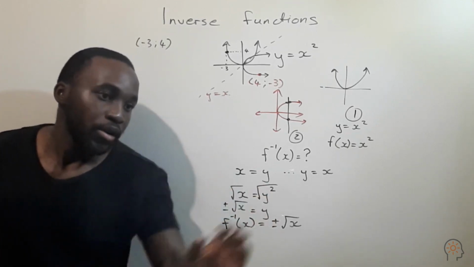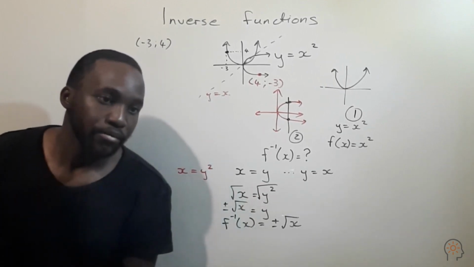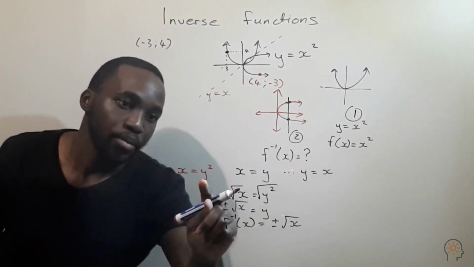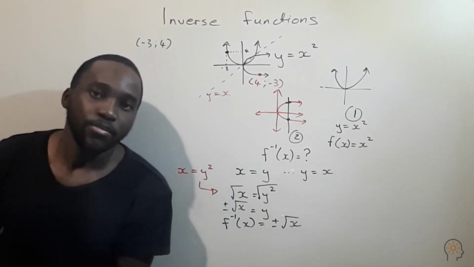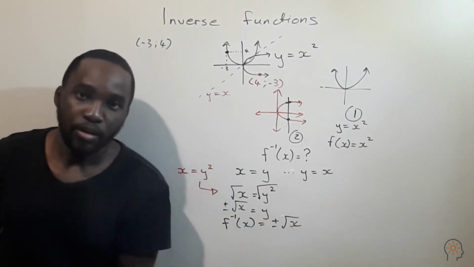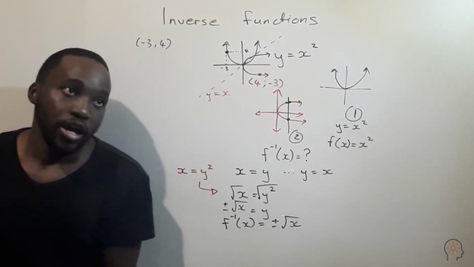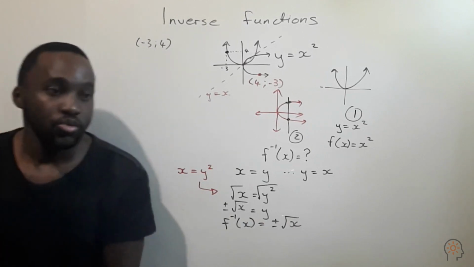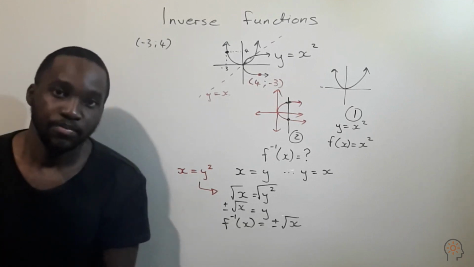So before we finish up, we said here, y we made equal to x, x we made equal to y, and then we just made y the subject of the formula. This is what we ended up with. So this is a basic example of what inverse is. We are now going to work on inverse for other kinds of graphs, right? But then what you will actually note is with inverse, it's the same principle for all graphs.